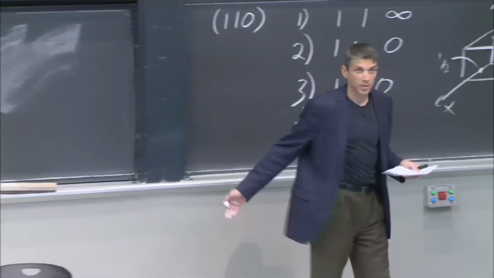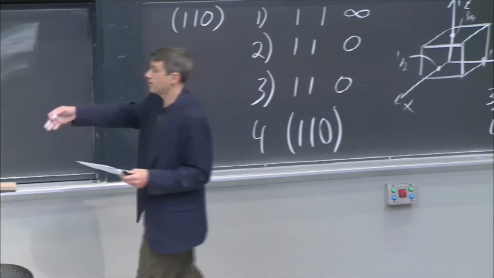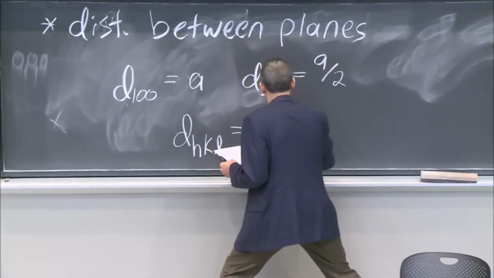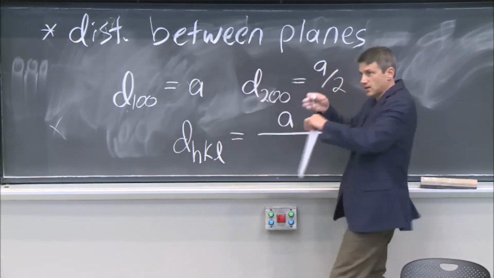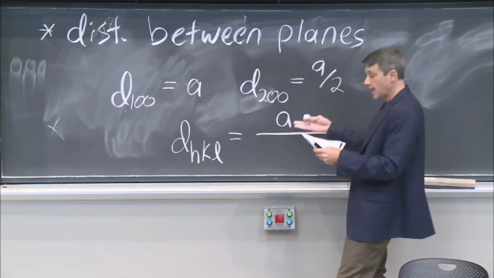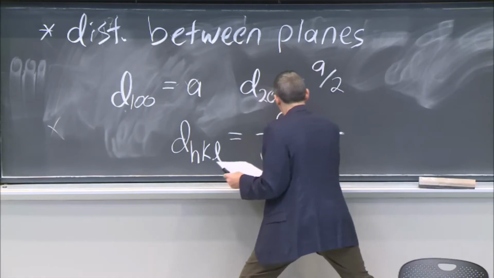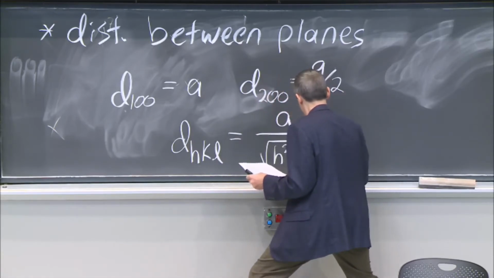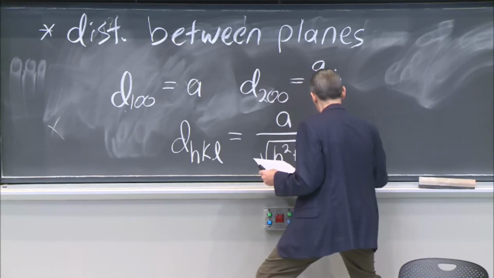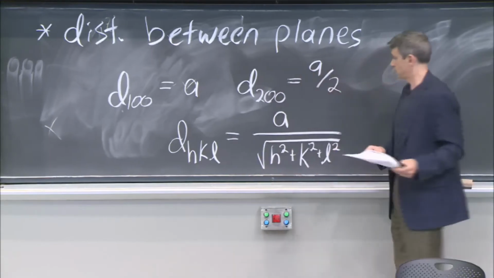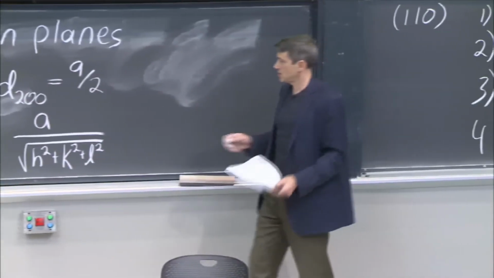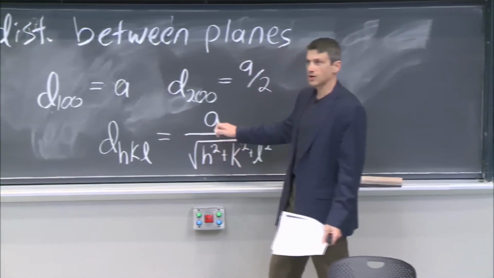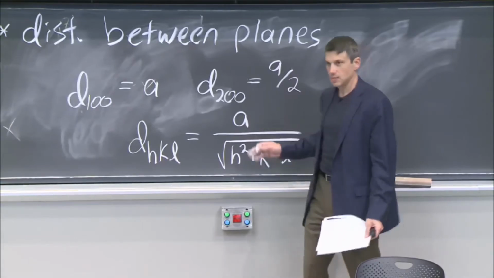Those are just variables. The distance between two planes is the length of the edge of the unit cell, A, divided by the square root of h squared plus k squared plus L squared. So if it's 1, 0, 0, that's A, that works. If it's 2, 0, 0, A over 2, that works.